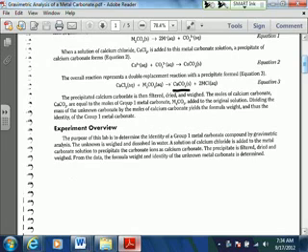So we can use that mass of the calcium carbonate to figure out how many moles of the M2CO3 we should have formed, okay? And we know the mass of the M2CO3, so if we can take the mass then divided by the moles, that's going to give us the molar mass.